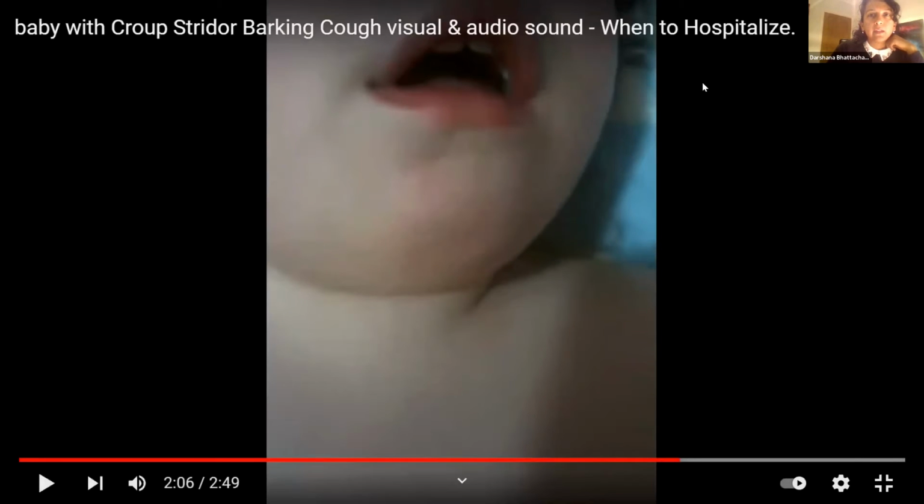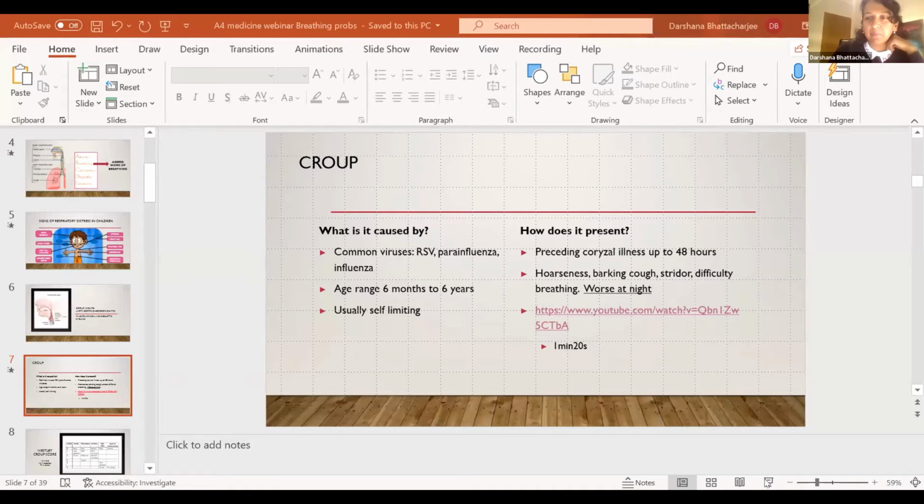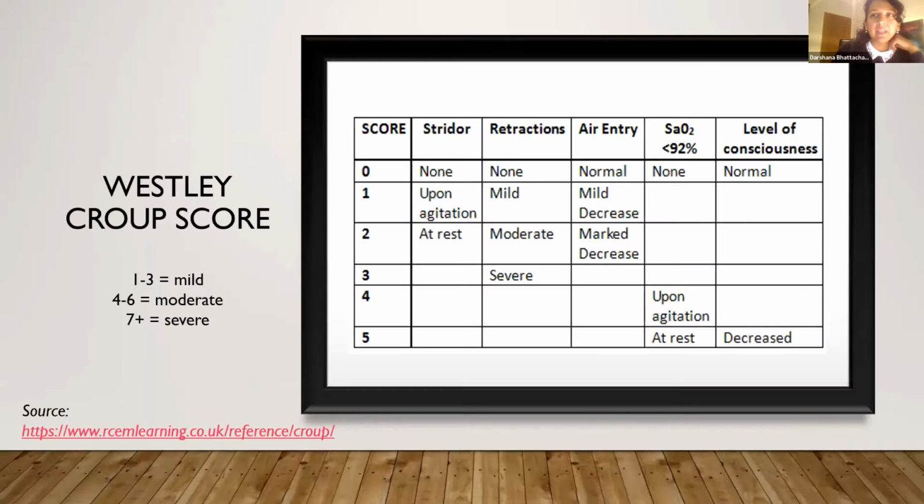There's some abdominal breathing there as well. Okay, I'm going to go back to my presentation now. So yeah, he's a poor little fella. I know he looks pretty wiped out, bless him.